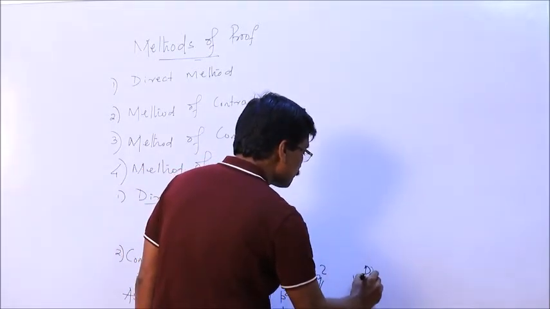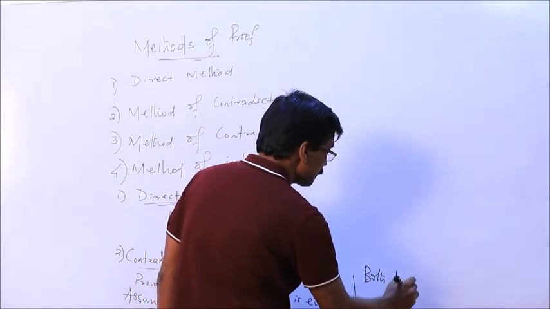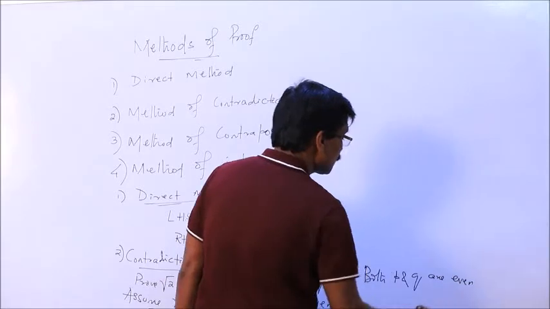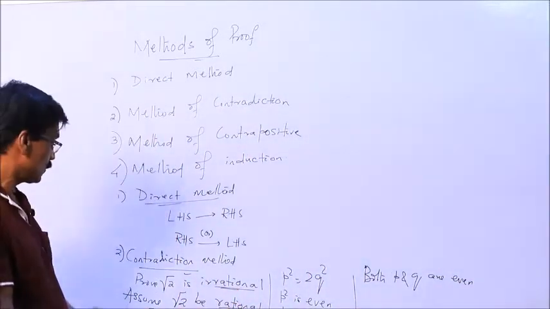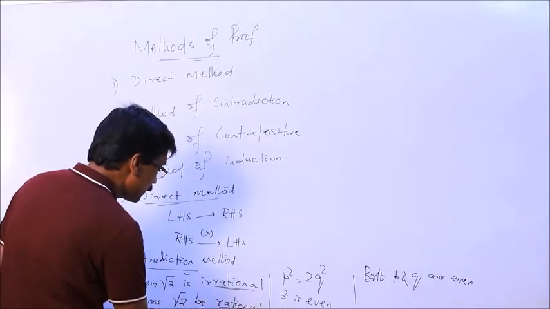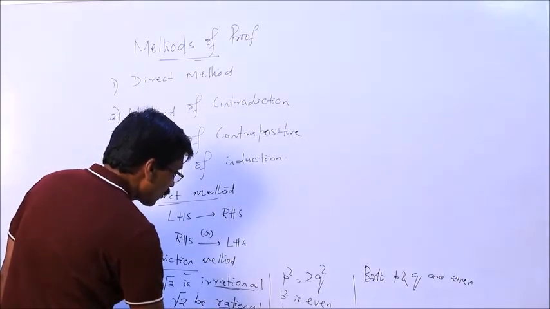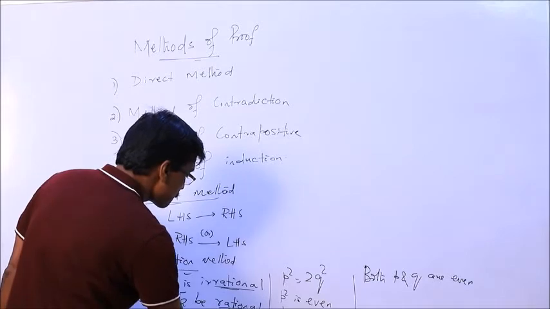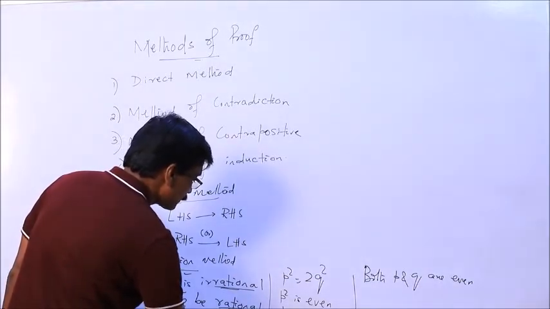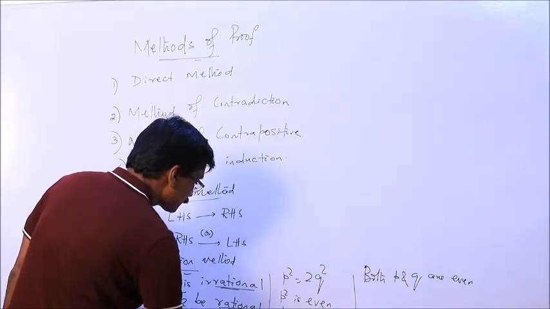So p is even, q is even, so both p and q are even. That means there is a common factor, which contradicts our assumption. Our assumption is root 2 is equal to p by q and there is no common factor between p and q.